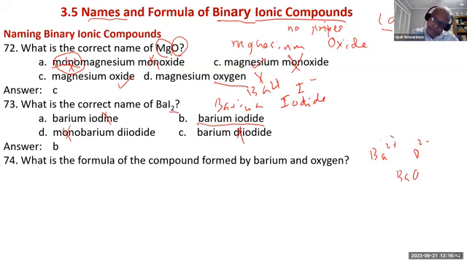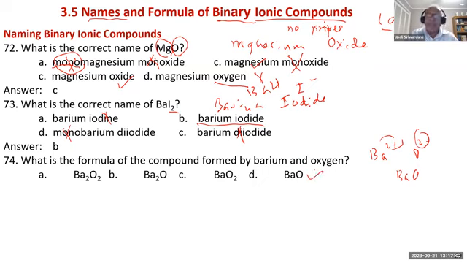If the charges are balanced, you write it as it is without any subscript. So this is balanced as we described here. That is the formula of the compound formed between barium and oxygen, barium oxide, an ionic compound.